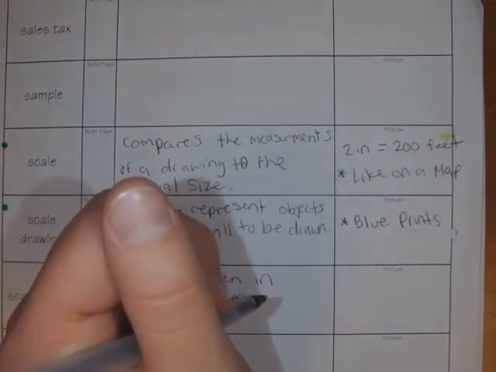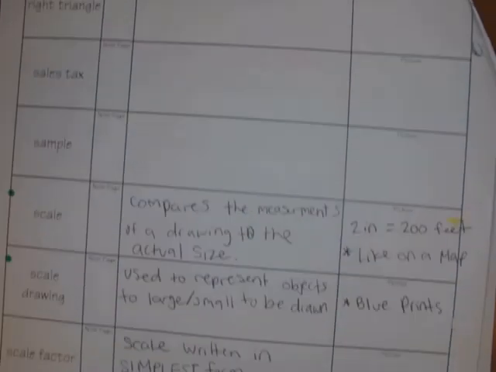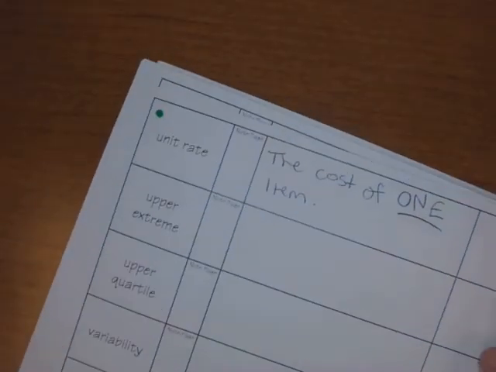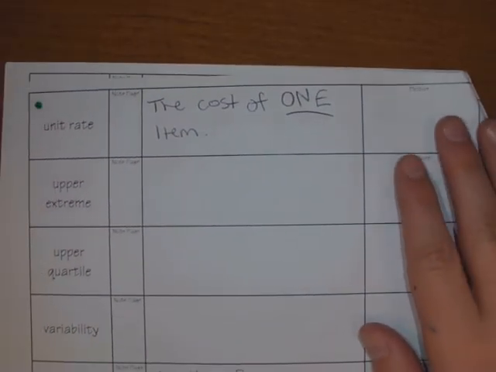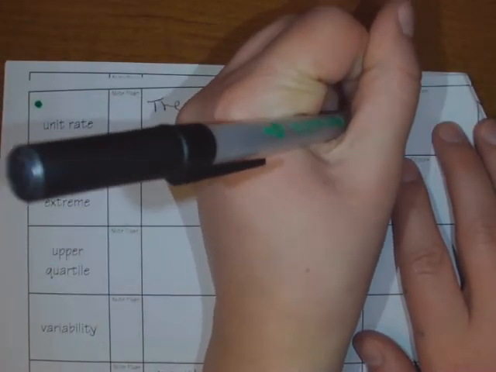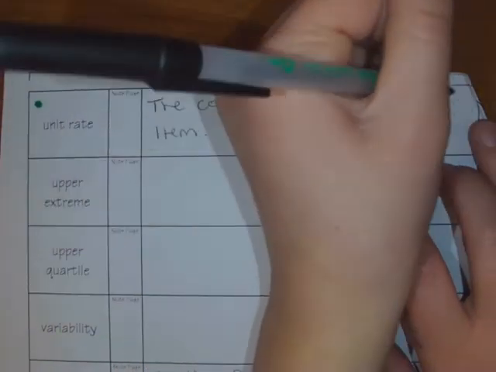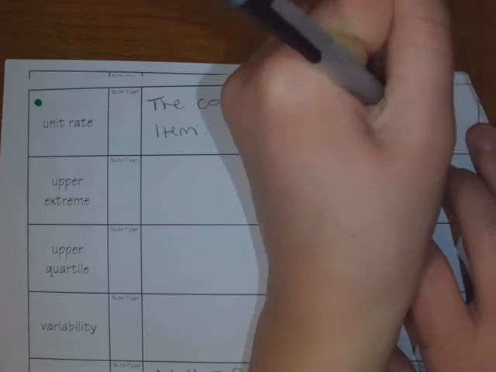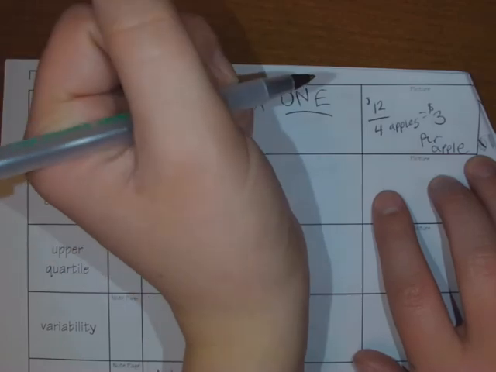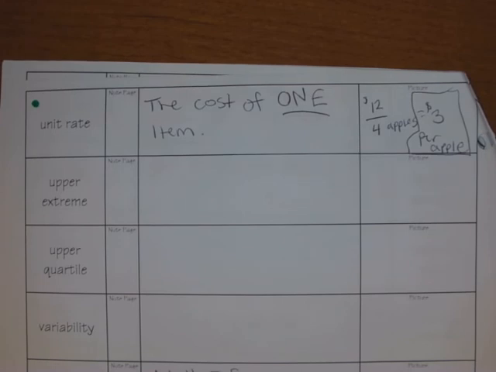And a scale factor would be, really it's all the same. I don't want to do an example for all of those when it's the same example. And a unit rate, the example is if you have $12 for 4 apples, then it's $3 per apple. Those are some expensive apples. But that's a unit rate. It's the cost of just one.